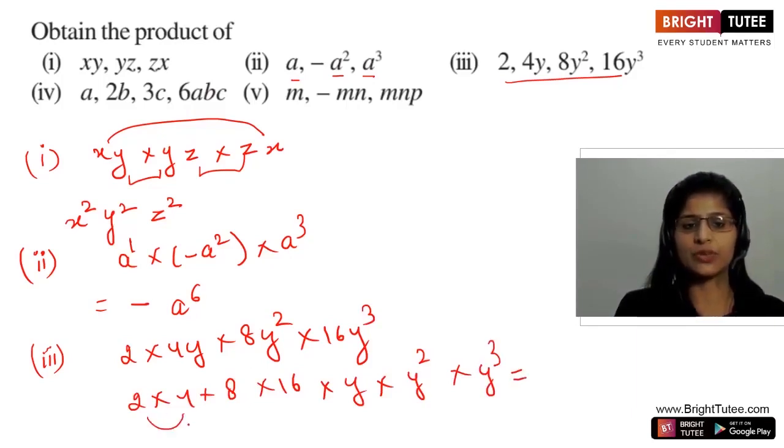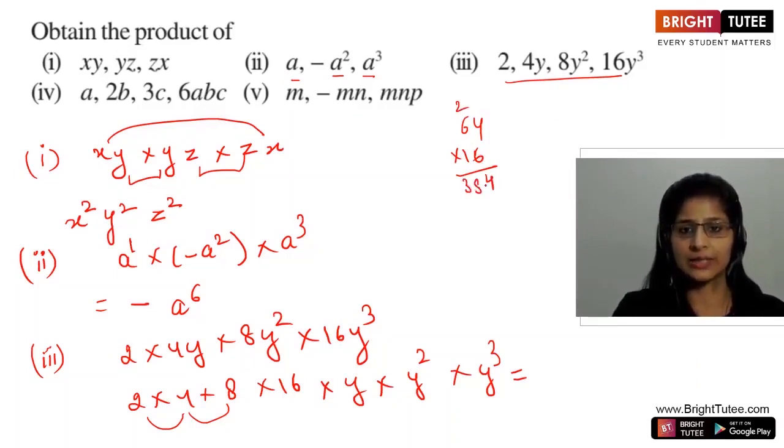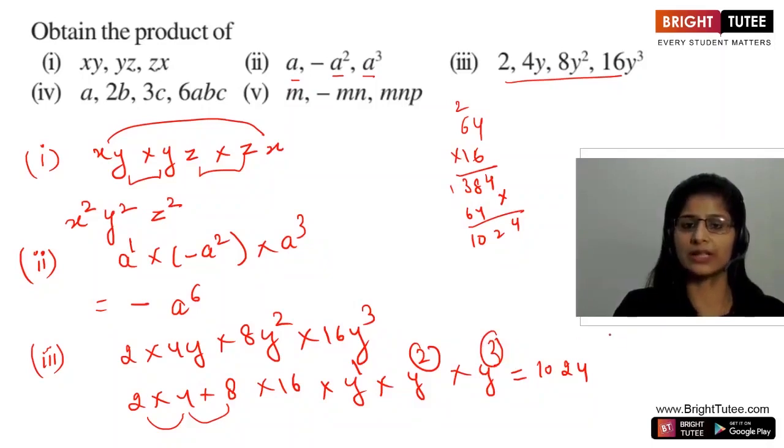So 2 into 4 is 8, 8 into 8 is 64, then you multiply 64 with 16. 6 fours are 24, carry 2, 6 sixes are 36 and 2 is 38, and we have 64 ones are 64, 4, 8 and 4 is 12, 6 and 3 is 9 and 1 is 10. So 1024, y to the power 1, 2 and 3. So 3 plus 2 plus 1 gives us y to the power 6.